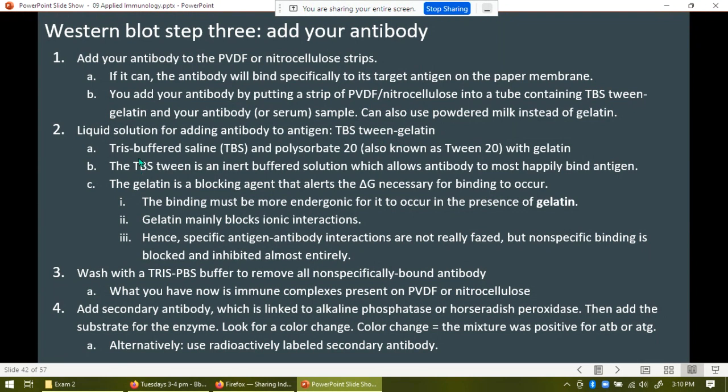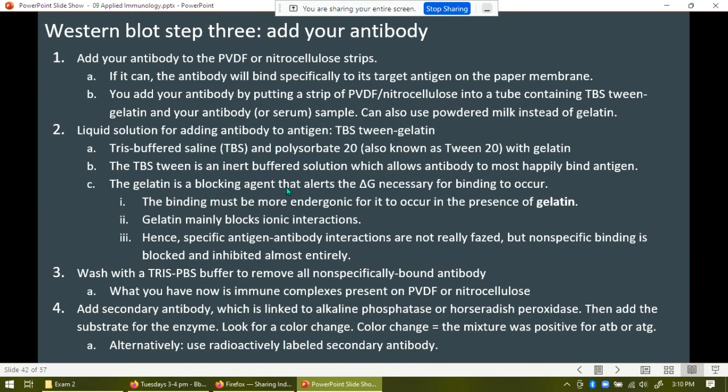So TBS Tween gelatin, what is it? It's Tris-buffered saline and polysorbate 20, Tween 20, with gelatin, just like you make Jello out of. The TBS Tween is just an inert solution where proteins are happy and in their native conformation. But the gelatin is the blocking agent.